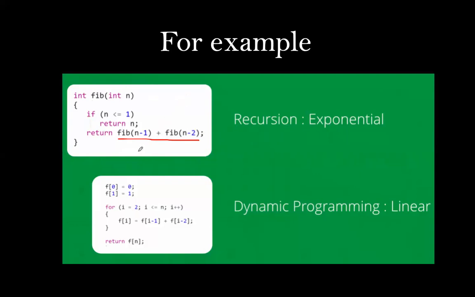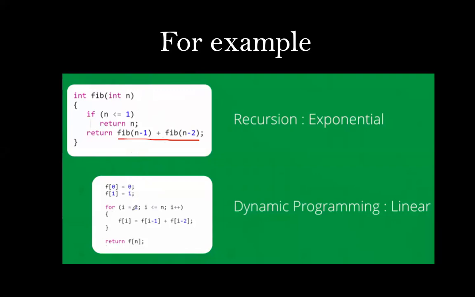The same Fibonacci function, we can do iteratively. Here you can see, we know that fib of 0 is 0 and fib of 1 is 1, so we have removed those cases here. The same Fibonacci series, we are writing iteratively.